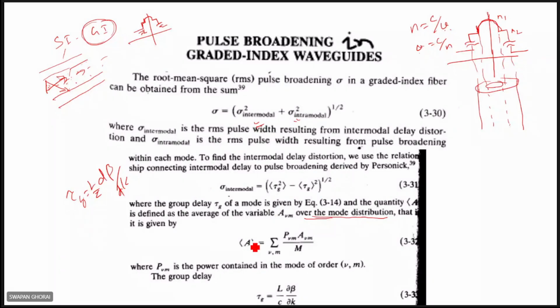If you consider a particular parameter, say A, then the average is the sum over all modes, nu m, of P nu m times A nu m, divided by M. For any factor, it can be tau g squared or tau g, whatever is the case. So it is the power content in that particular mode multiplied by this factor A nu m, where M is the total number of modes.